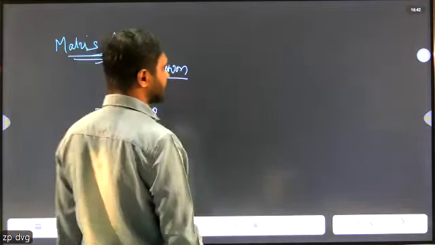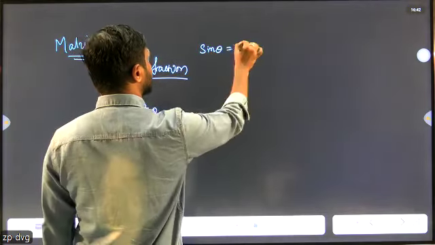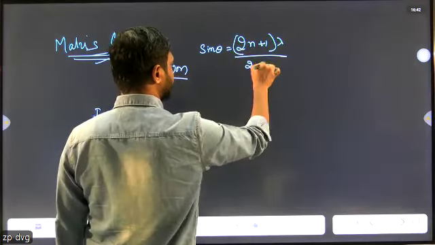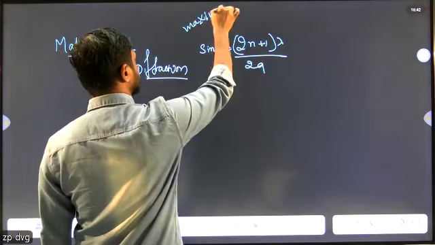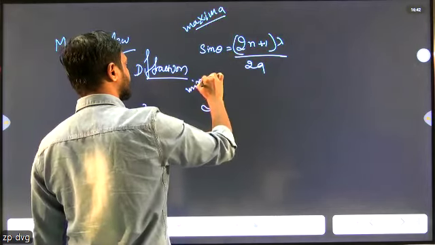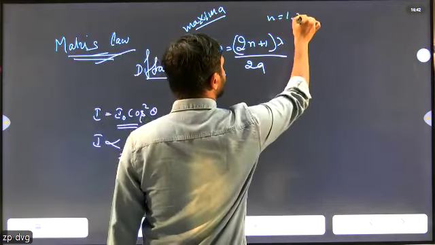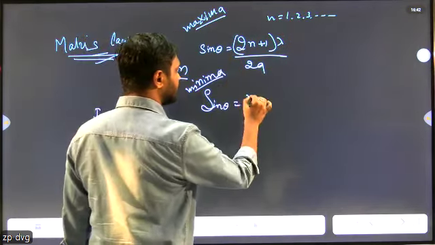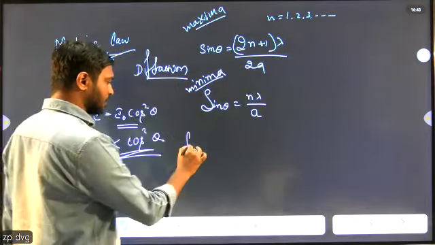Diffraction maxima is sin theta equals (2n plus 1) lambda by 2a, and diffraction minima is sin theta equals n lambda by a, where n equals 1, 2, 3, and so on.